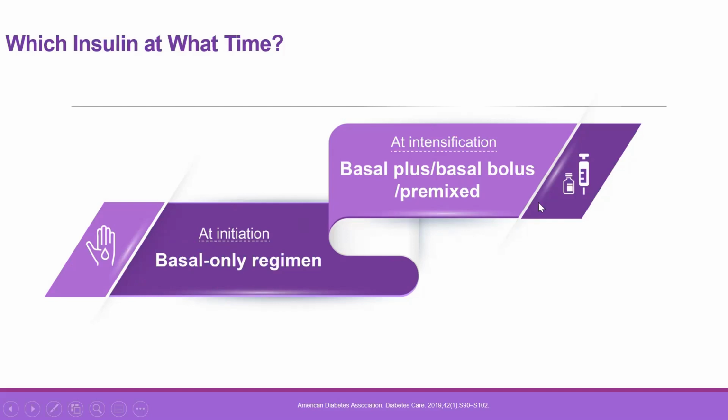This we do at intensification. So to tell you very clearly, whenever you want to initiate insulin therapy, it is always better that you start with the basal insulin. It is easier, the regimen will be easy for the patient to follow, and it is also easy for you and the patient to titrate the insulin dose.